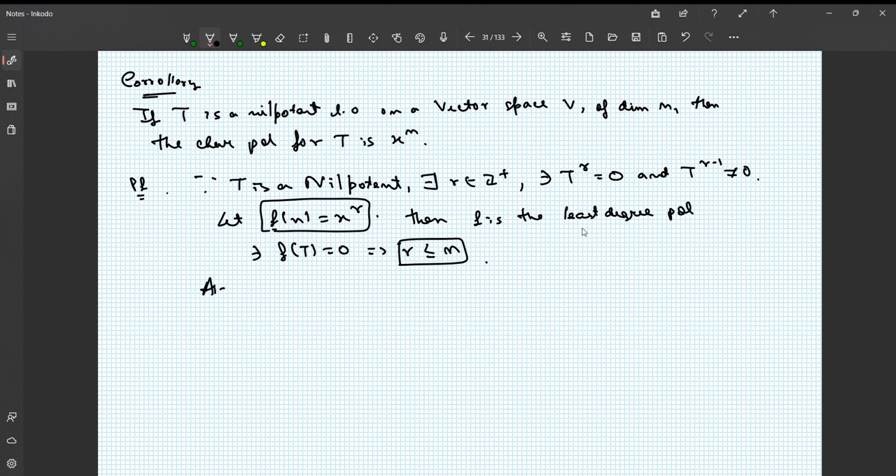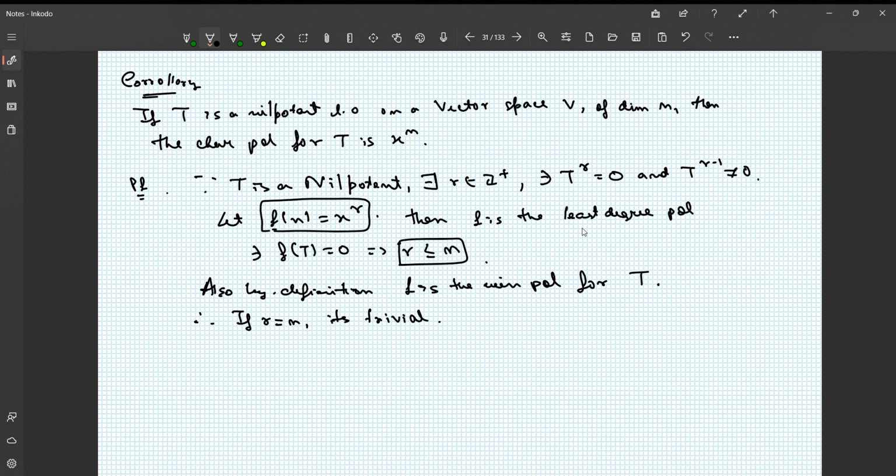Also, by definition, f is the least degree monic polynomial, which is the minimal polynomial for T. Clear? Therefore, if r is equal to n, we have nothing to show. It's trivial.